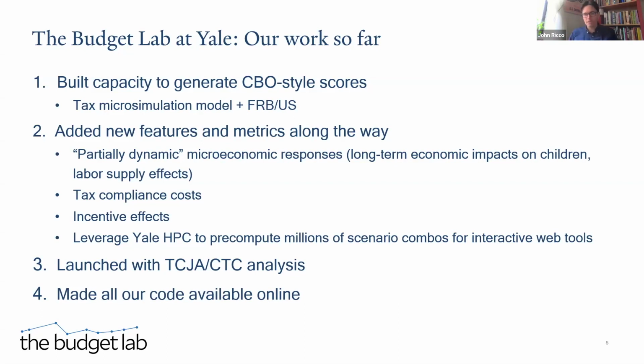And then, like I said before, we put the code that generates these analyses on our GitHub page. I'll discuss in a bit how we think about transparency and where we currently fall short of genuine open source.